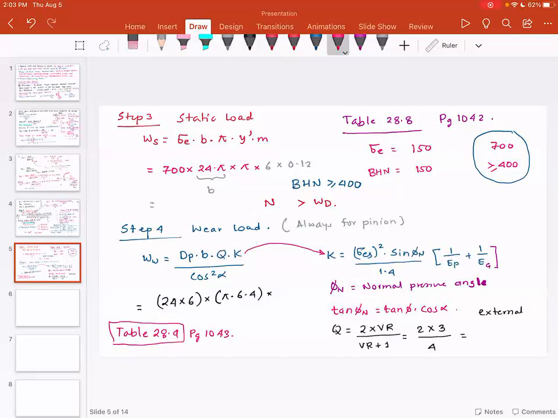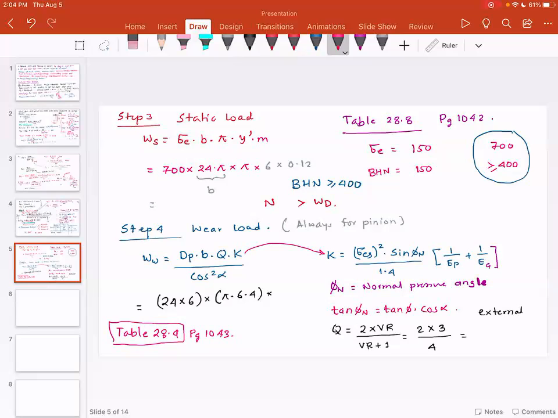So if you look at table 28.9, that gives you the values of surface endurance limit. This gives us the values of surface endurance limit. Now we have a choice. Our surface endurance limit could go from 100 or 150 all the way to 400.